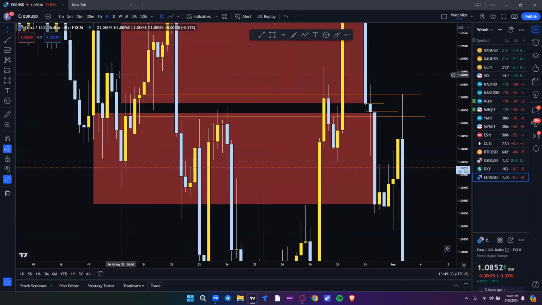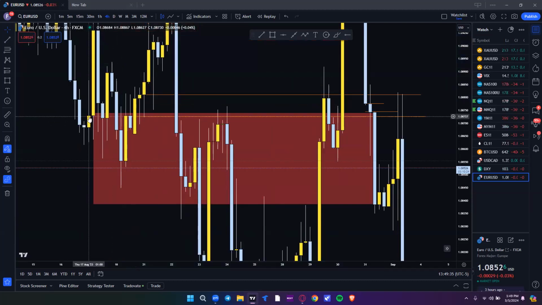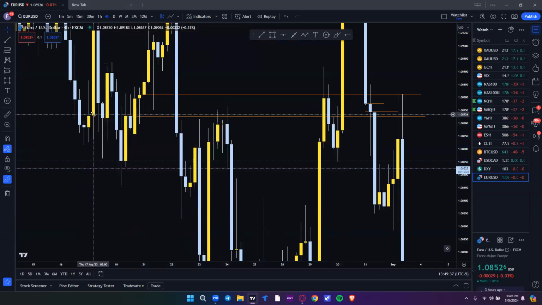Let me show you something. See this push up? Closed above this decision level here. So it becomes support to buy.